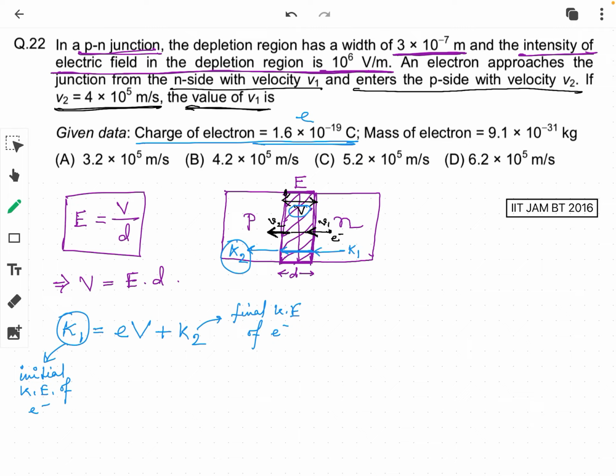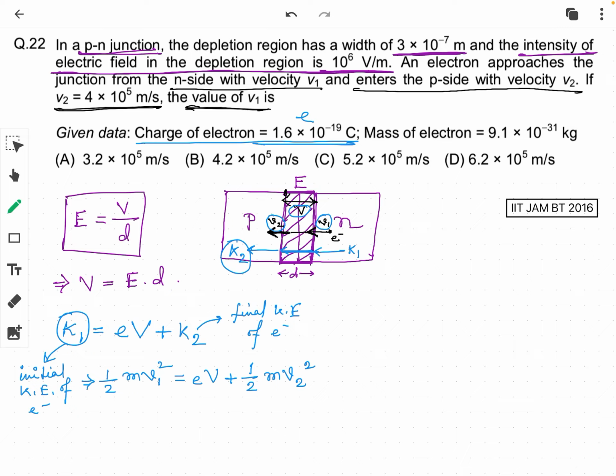So since here V is V1, we can write K1 as half mv1 square, equal to eV plus K2, that is half mv2 square, because here the velocity is V2. So K1 equals eV plus K2 implies half mv1 square equals eV plus half mv2 square.